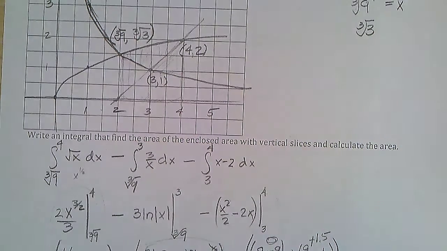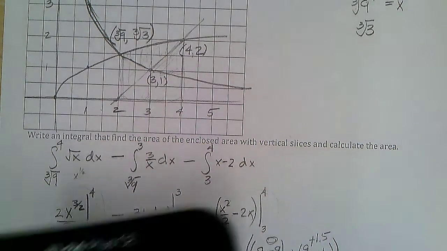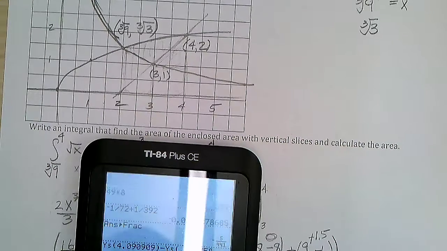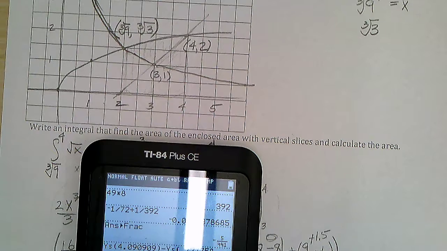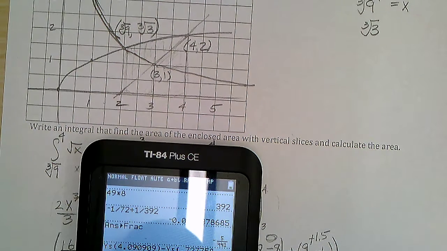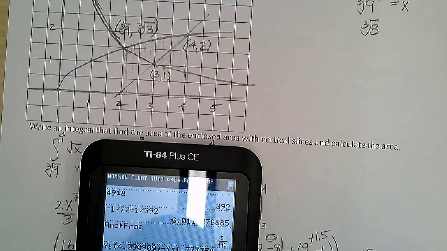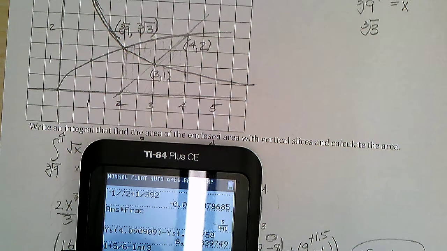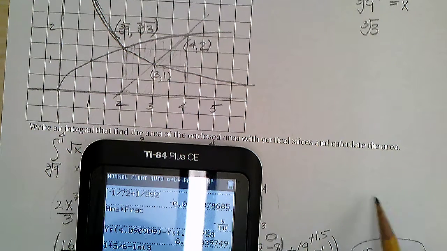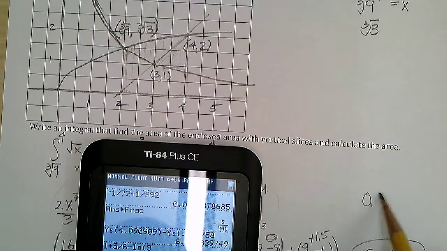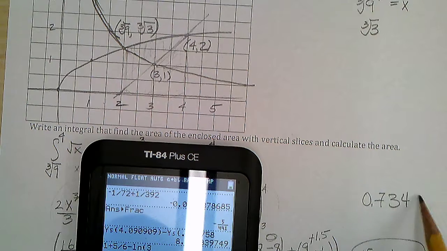Let's just figure out what that is. 3 minus 1 is 2, and this is minus a 6, which is 1 5/6 minus ln 3. 1 plus 5 divided by 6 minus ln 3 is that number that we were getting, 0.07347.